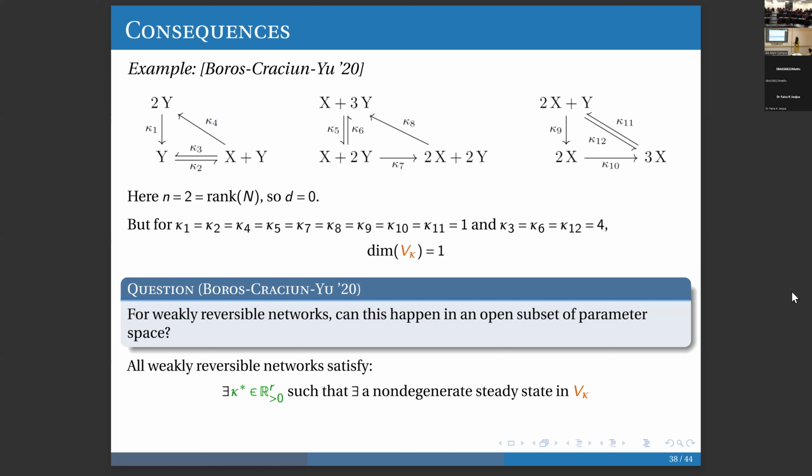So unless we stay in a closed Zariski subset of parameter space, the dimension will be the one we expect. So we must be very unlucky to get inside of this measure zero subset. So does it relate with the existence of degenerate and non-degenerate steady states when we change the values of k?